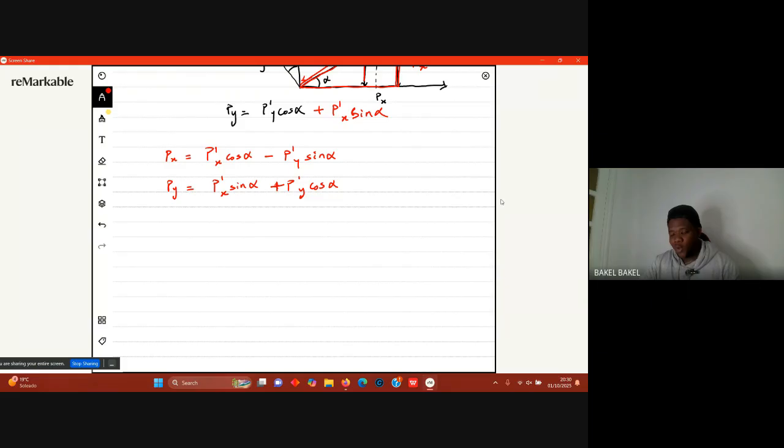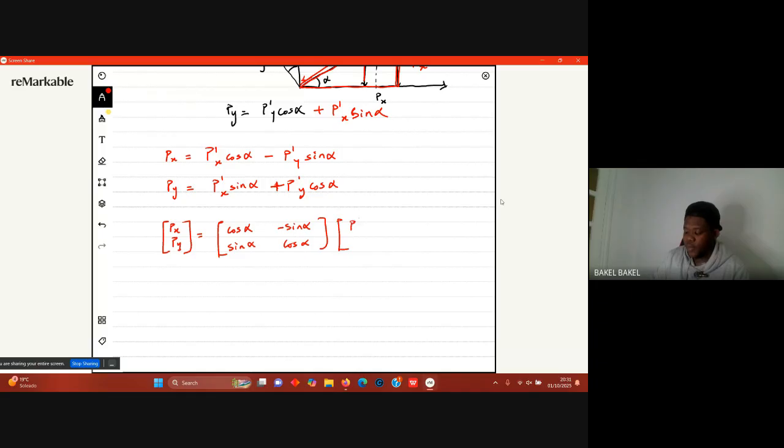We know how we normally multiply matrix, and probably some people must have forgotten how to multiply matrix, right? But I would decompose it and multiply it again to show you the same thing. This matrix Px Py is the same as cos alpha minus sine alpha cos alpha times P prime X P prime Y. And now I'll decompose it.